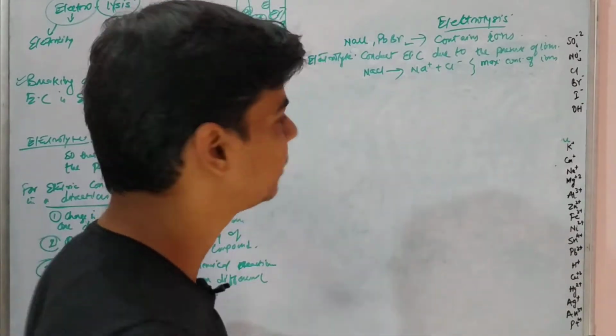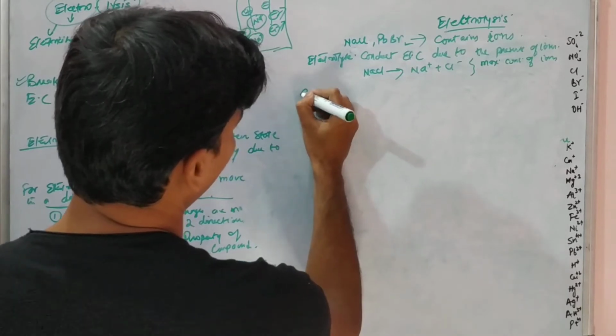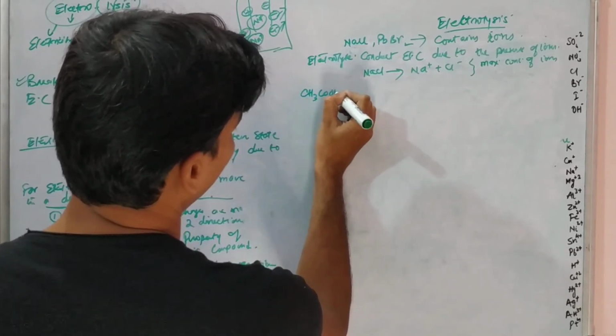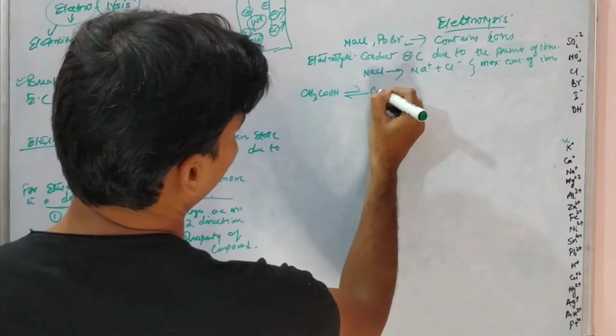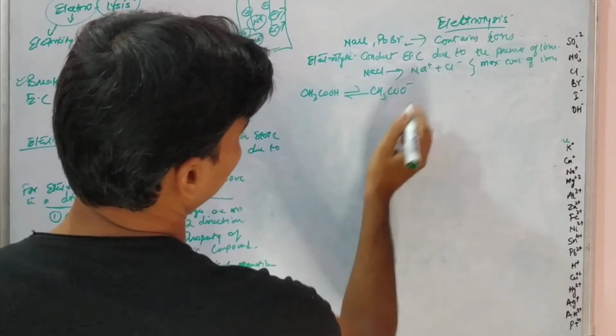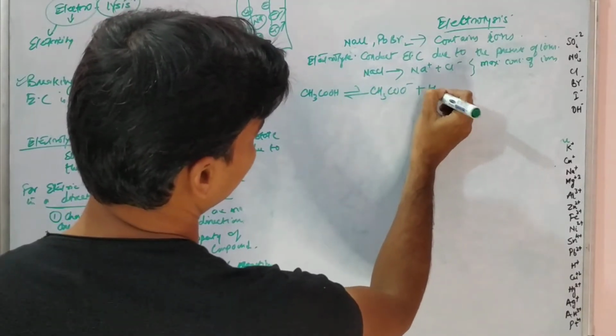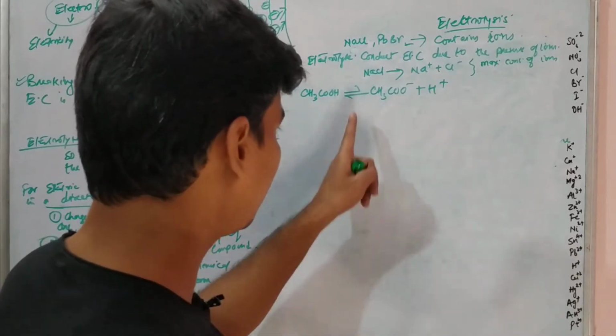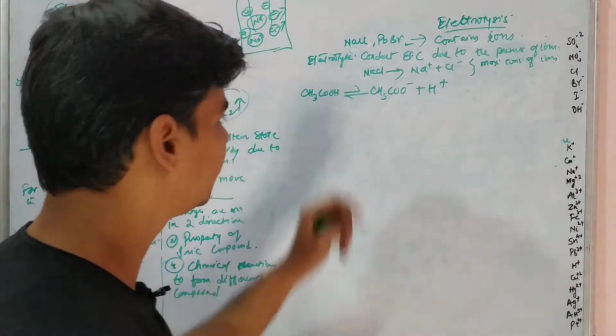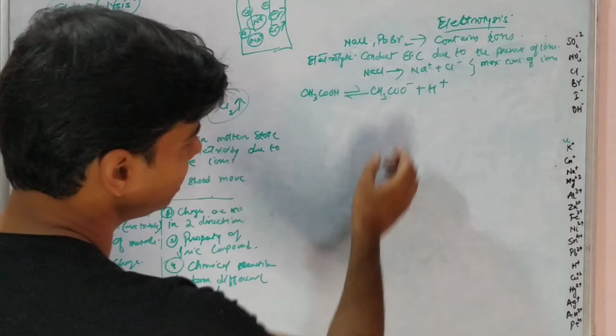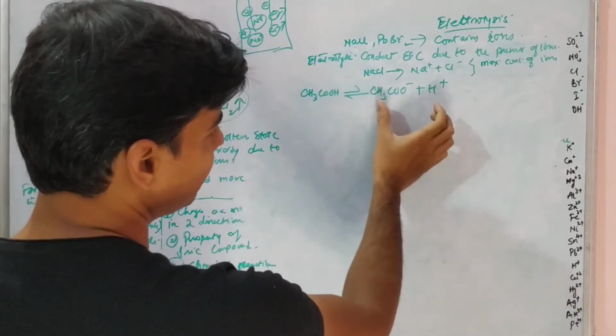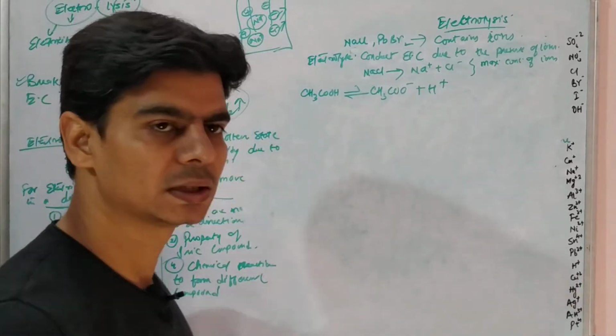Let's take example of acetic acid. Acetic acid will ionize into acetate ions and hydrogen ions. I've put here a sign of reversible reaction, which means these acetate ions and hydrogen ions will combine back to form acetic acid molecules.